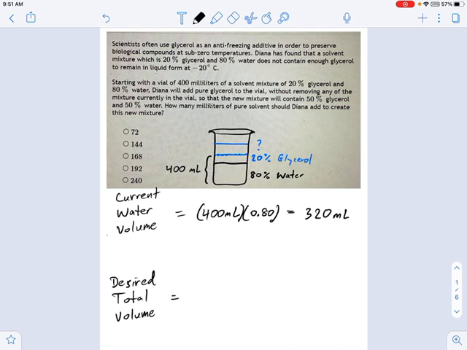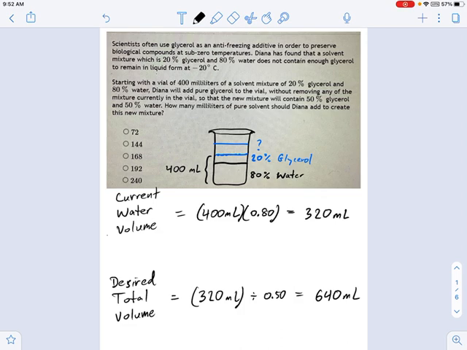That's going to be 320 milliliters, okay, divided by 50%. In other words, I need to double it. Okay, you might have been able to work that part out. Just mental math. I need to double the volume to 640 milliliters, and then 320 will only be half of it. I'll have my 50% water.